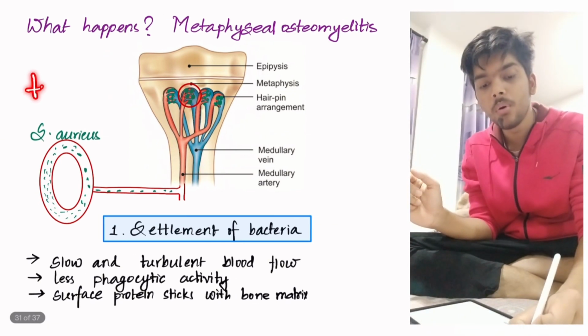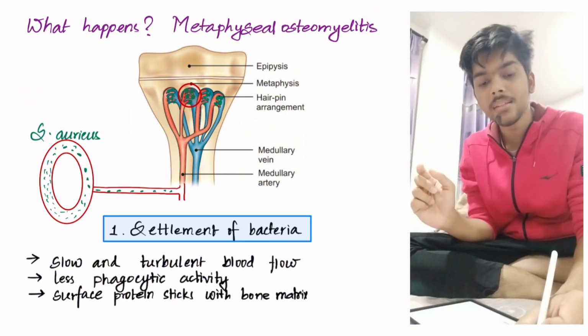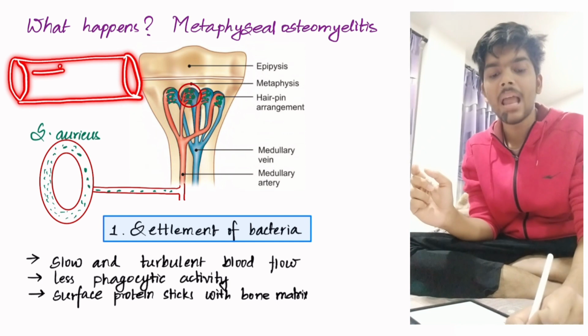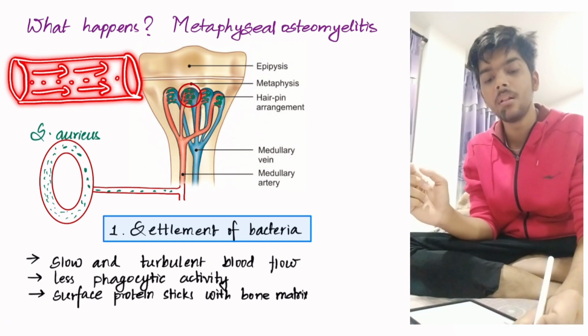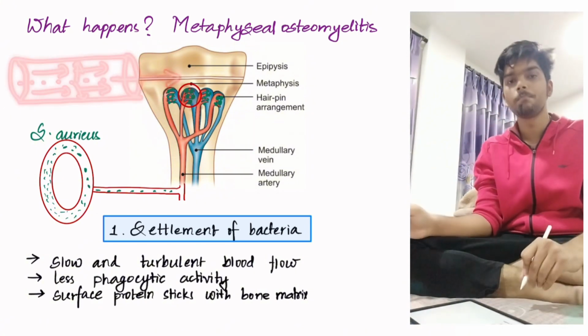Similarly, the blood flow is also turbulent. Here's a blood vessel. Inside this blood vessel, here's the laminar flow of the blood. If there is laminar flow, the bacteria present in the middle won't hit the wall at all, and will continuously flow in a linear fashion.